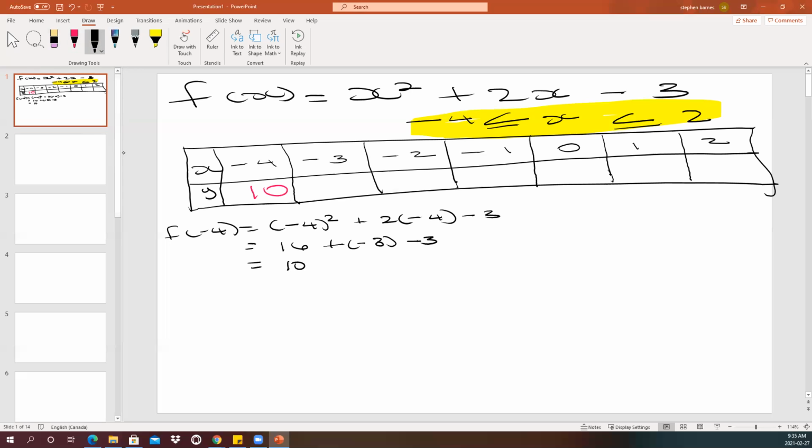Next one, f of -3 is equal to -3 squared plus 2 times -3 minus 3. -3 squared will give you positive 9. 2 times negative 3 gives you negative 6, minus 3.